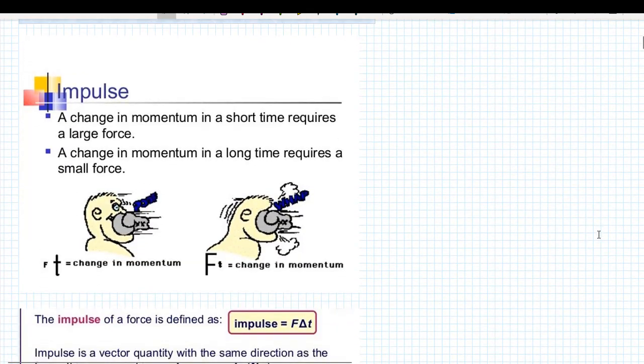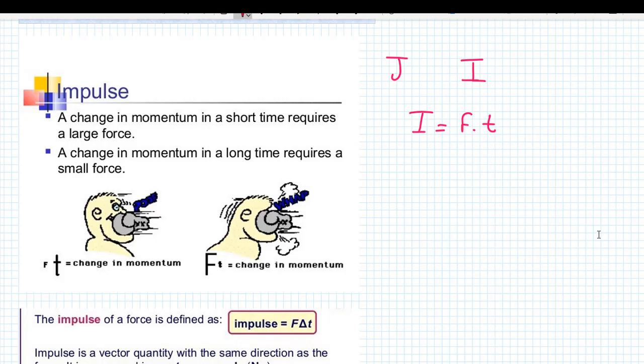Look at here, guys. A change in momentum in a short time requires a large force. Impulse is sometimes shown with J, or mostly with I. The impulse equals force times time. If you want to make the same impulse in a short time, you have to apply a big force.